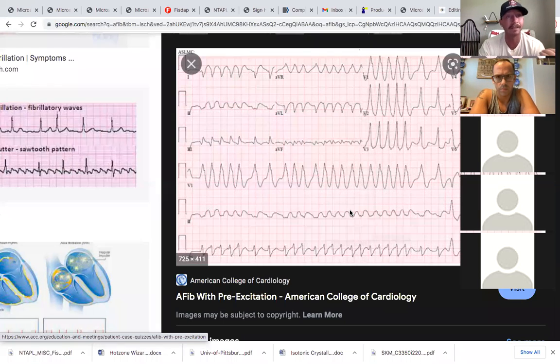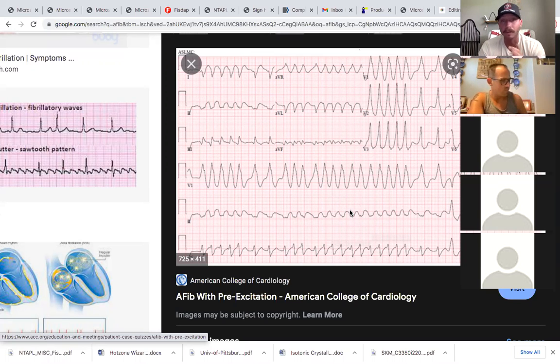And I fall back to my rules for the interpretation here. It's irregularly irregular. I've got no discernible P wave. That's atrial fibrillation, okay? If this was regular, then I would have to rely upon, all right, do I have extreme right axis deviation? Is the morphology consistent throughout most of the leads, most of the views, right?